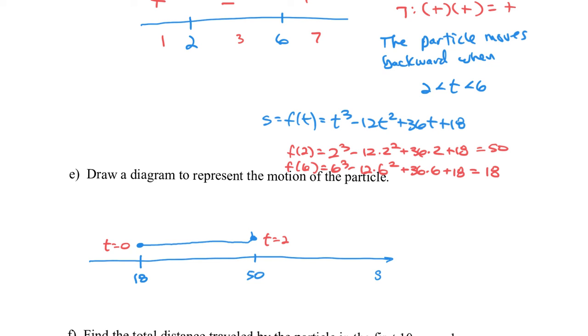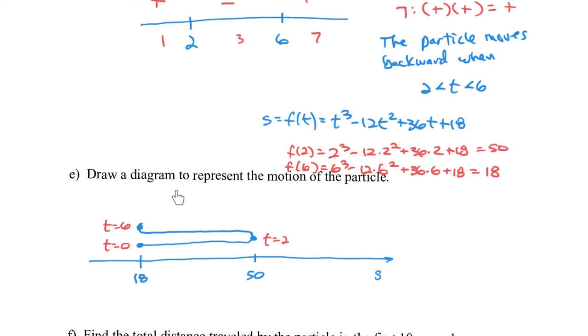So to draw a diagram to represent the motion of the particle, it turns around and goes back here. And again, I'm going to kind of curve it up so we can actually see the motion. So at this point, we're at 6 seconds. And we're back here where we started at 18. Our position on this number line is at 18 meters.